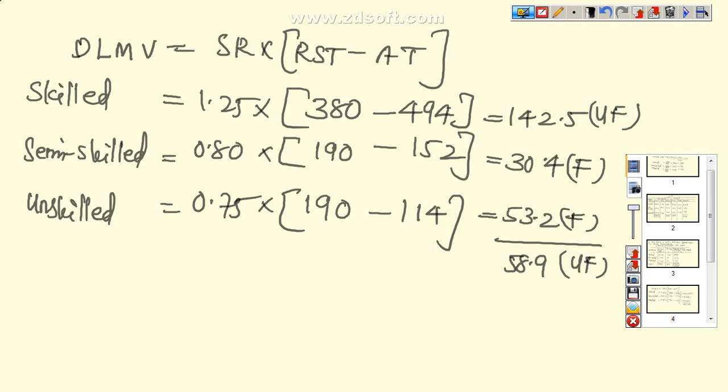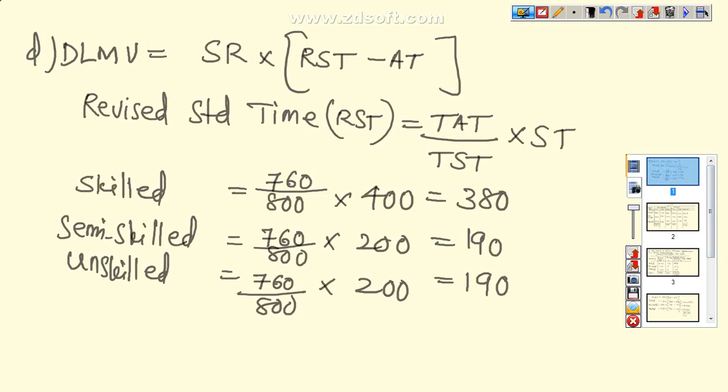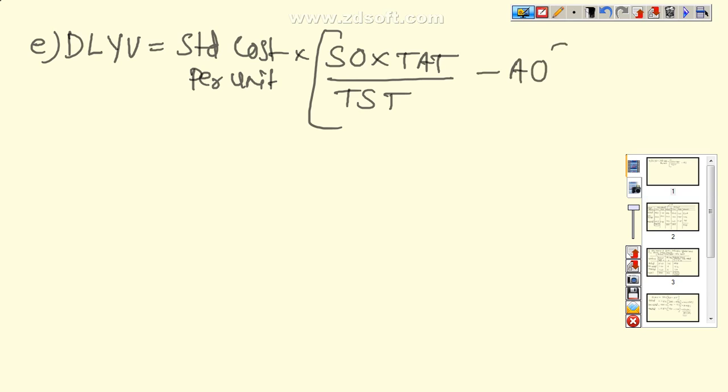After this, we calculate direct labor yield variance. The formula is standard cost per unit multiplied by standard output into total actual time upon total standard time minus actual output. This formula we consider when the output is given in the question.